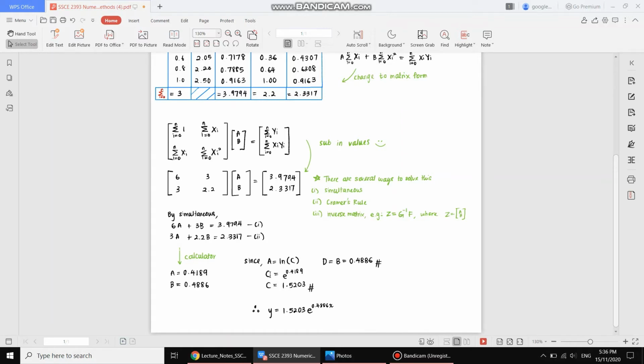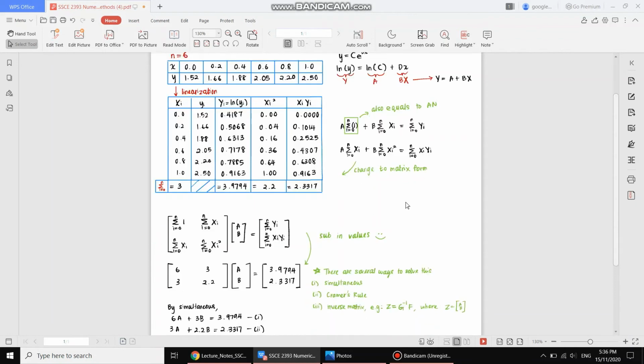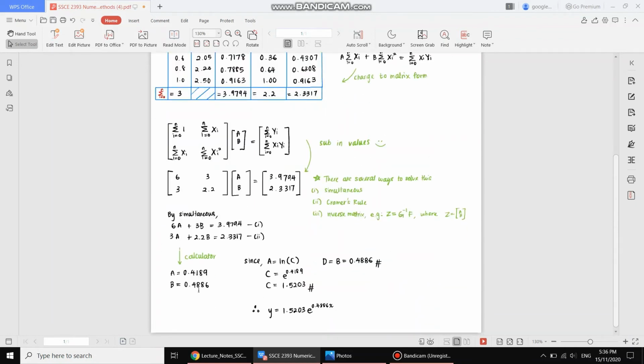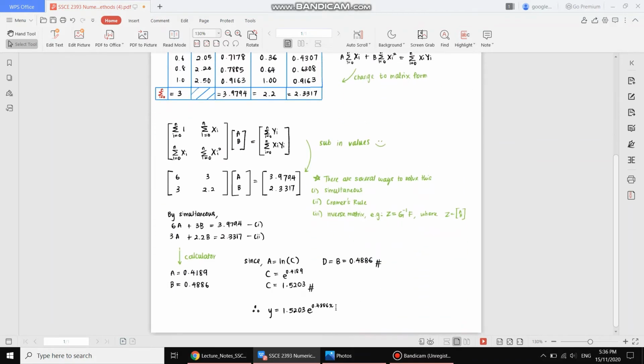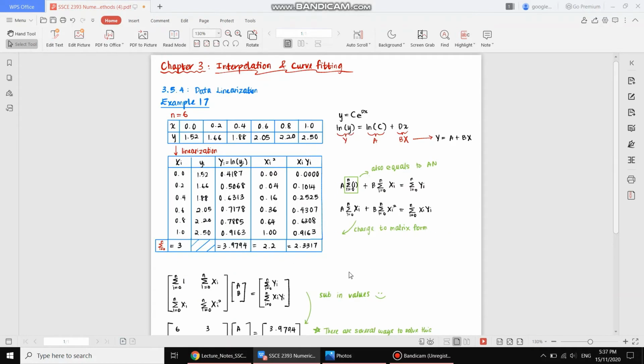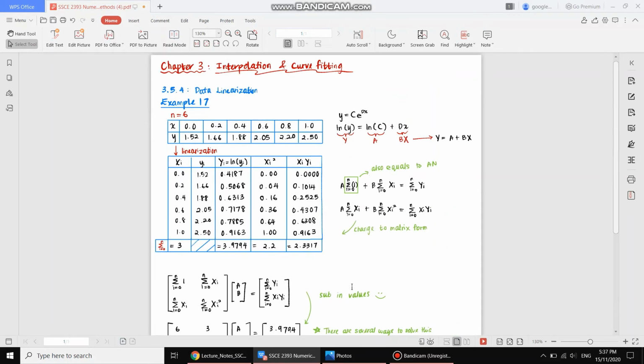So we have the value of a, and we can find c, which is 1.5203, and d is equal to b, so you just take it directly, 0.4886. Okay, so now we have finished our task by finding d and c.